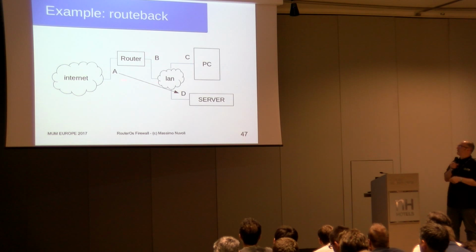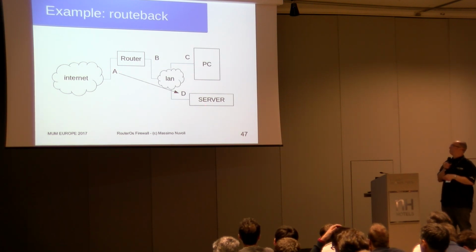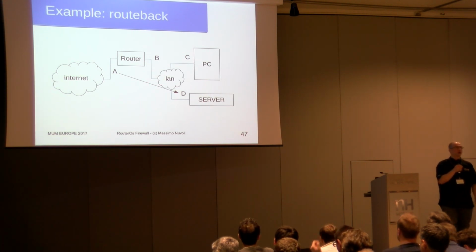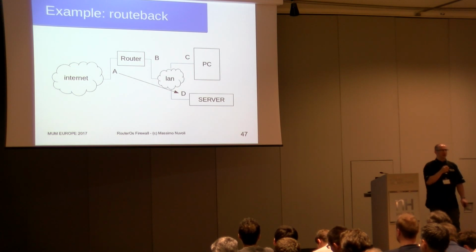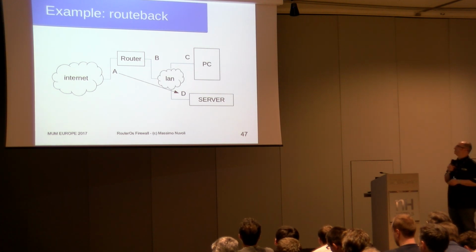When you are outside, the DNS resolves the public IP address A. When you are inside the network, the DNS resolves the private address D. This is the common configuration of most vendors. In RouterOS, we can do more. You can use the same IP address. You can do that.